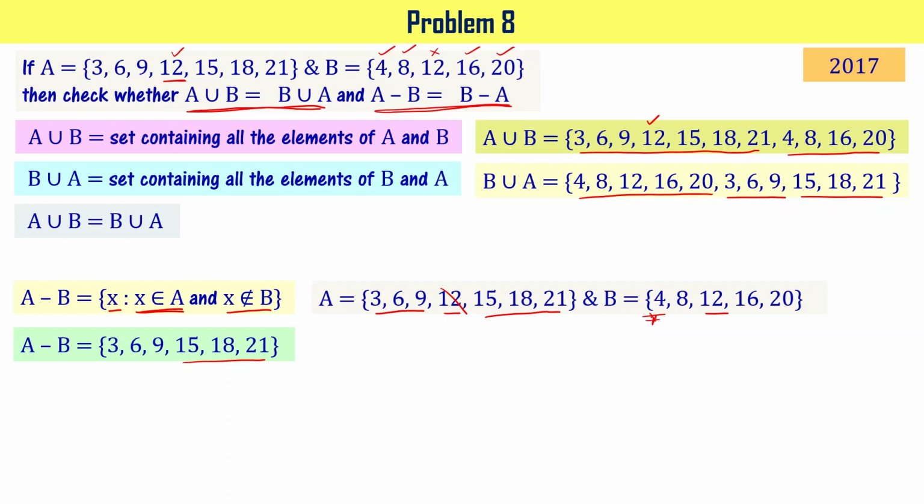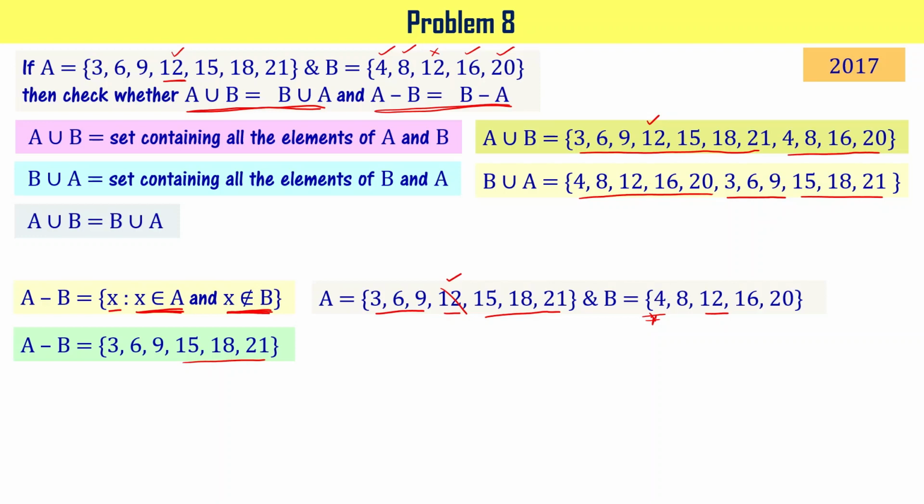What we have done now is we have included the elements of A while omitting the elements, or while removing the elements, that belong to B. 12 belongs to both A and B. That's why we have removed that from A while writing A minus B. Right?